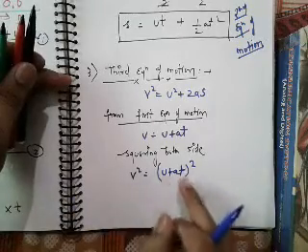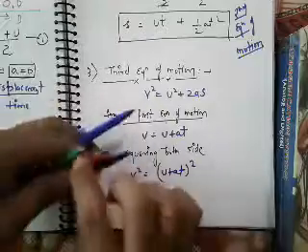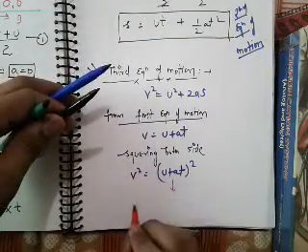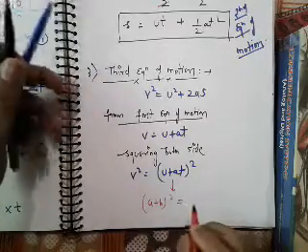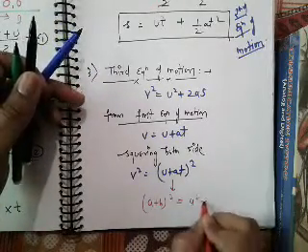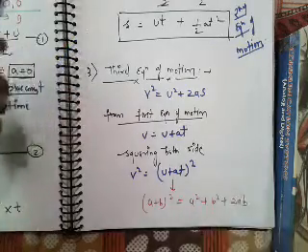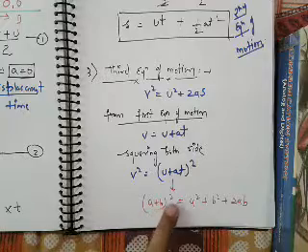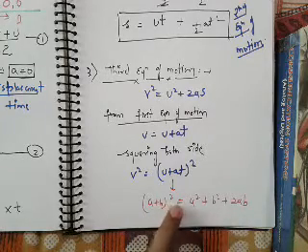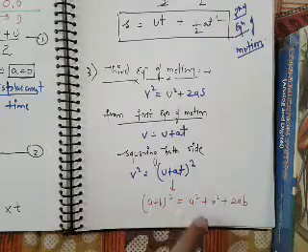This will open on the basis of the formula for the square of a plus b combined. So the formula is a square plus b square plus 2ab, or you can also say x plus y whole square, x square plus y square plus 2xy.